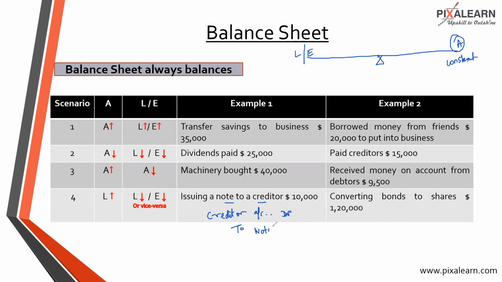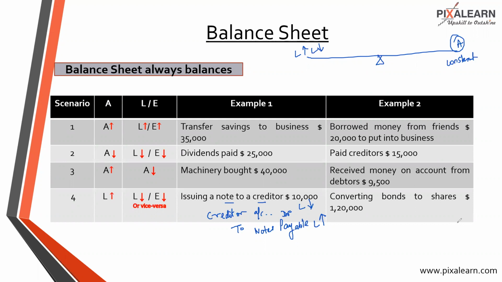So I call it notes payable and that gets credited. So what's happening? One liability is going down, another liability is going up in my balance sheet. Equity is not being touched, one going up, one going down, my balance sheet tallies.